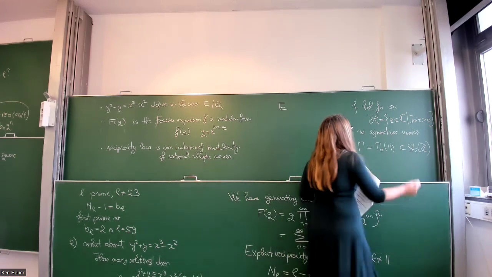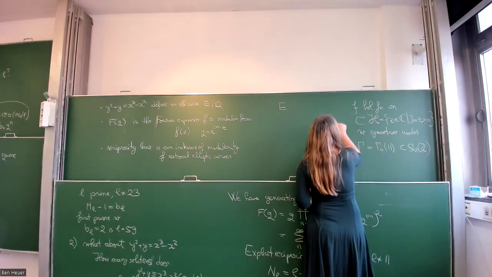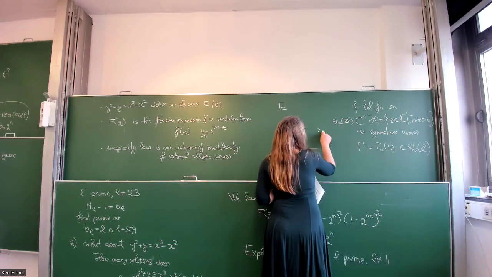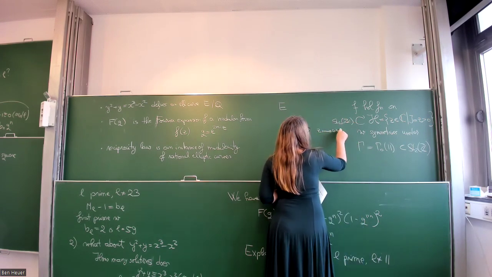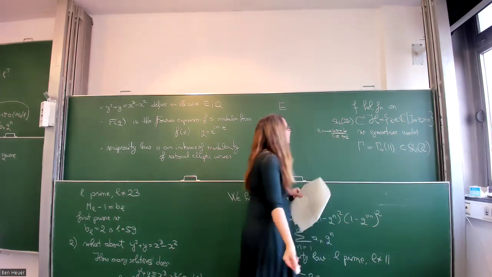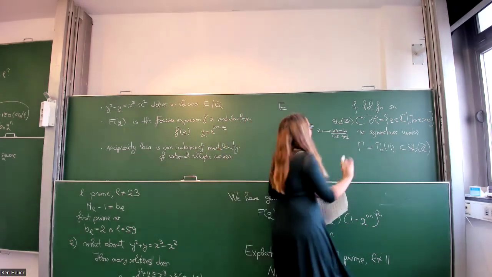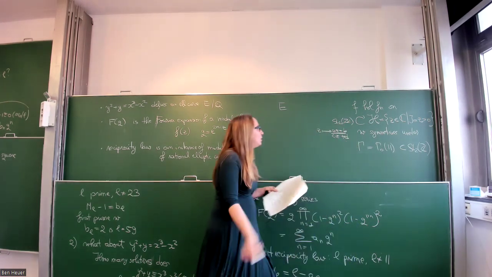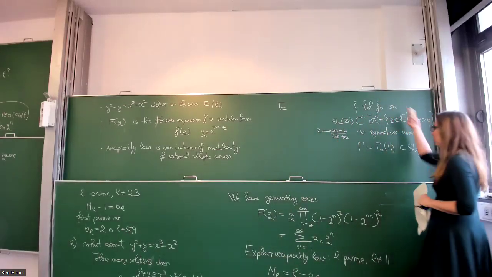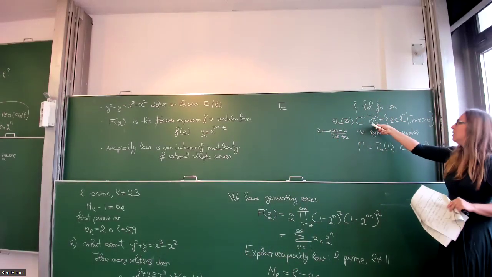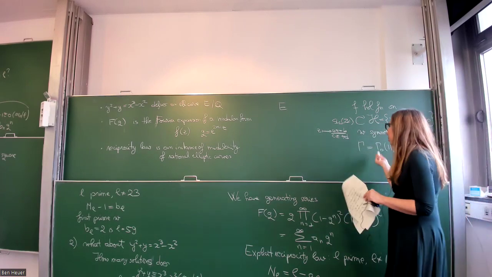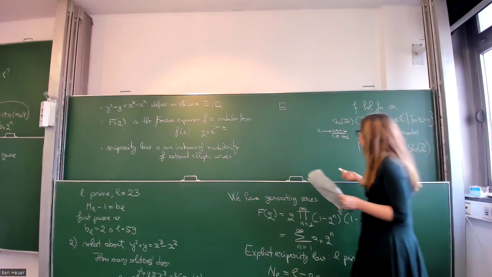So this SL2(Z) acts here via Möbius transformation. So z goes to (az plus b) over (cz plus d), if I have a matrix a, b, c, d with integer coefficients and with determinant 1. And our modular form is just a holomorphic function on here with lots of symmetries, and also with a growth condition towards infinity.